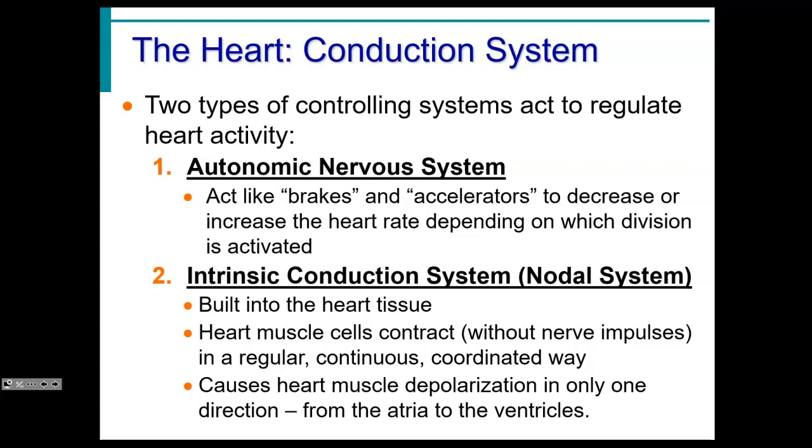Your hypothalamus helps with that in your brain. Remember we talked about that in the diencephalon? It makes sure that that's happening all the time, and it uses a negative feedback loop to do so. But inside the heart itself, you also have an intrinsic conduction system, which uses nodes to communicate through the heart to make it beat.